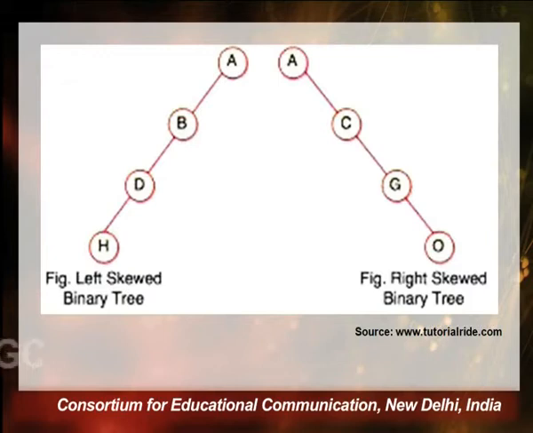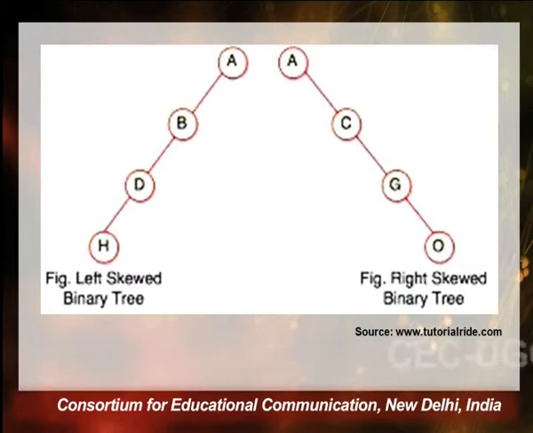What is happening here is that the path length from the root to a particular node, let's say O on the right side and H on the left side, is becoming skewed, unproportionate. With 4 nodes there can be a better arrangement of this binary tree which gives a much smaller height, but here the tree has become skewed.